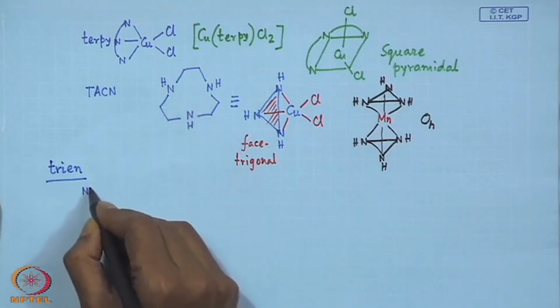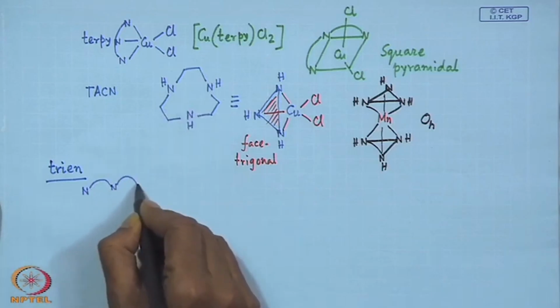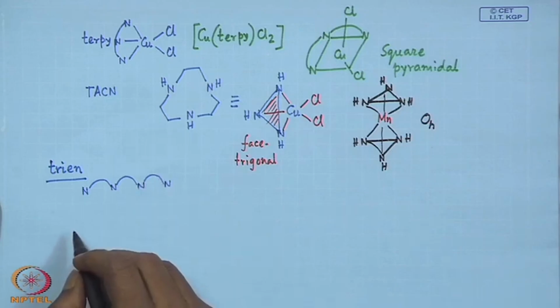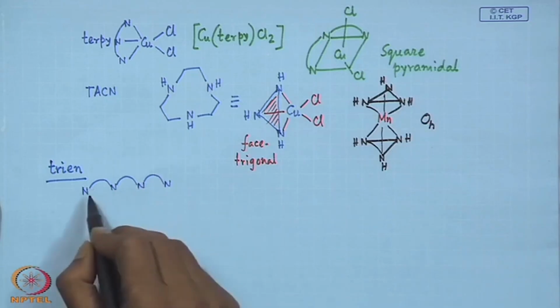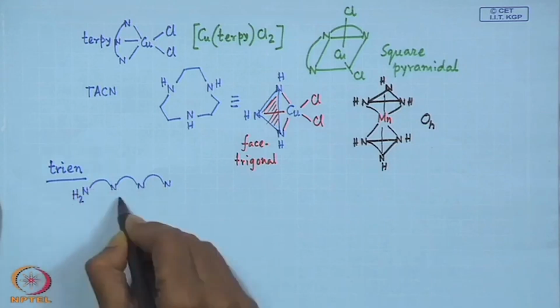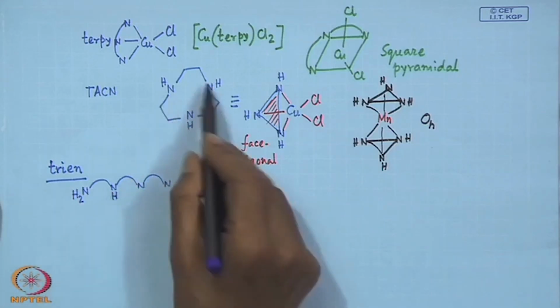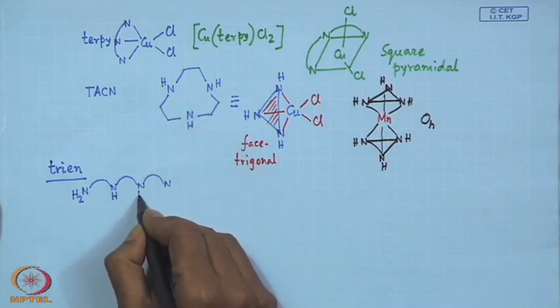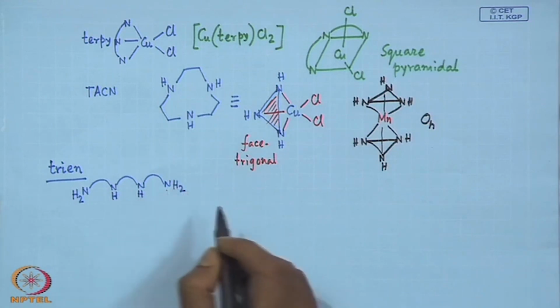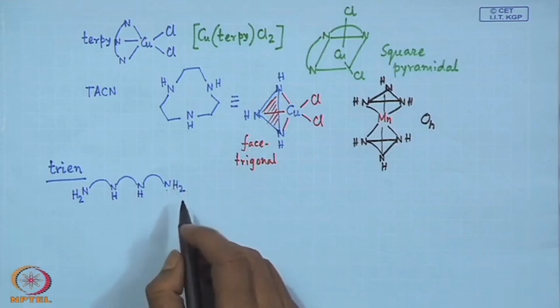Now, we can have triethylene tetramine, sorry, the triethylene tetramine molecule using this backbone of diethylene triamine, which is one more extension of the ethylene backbone.